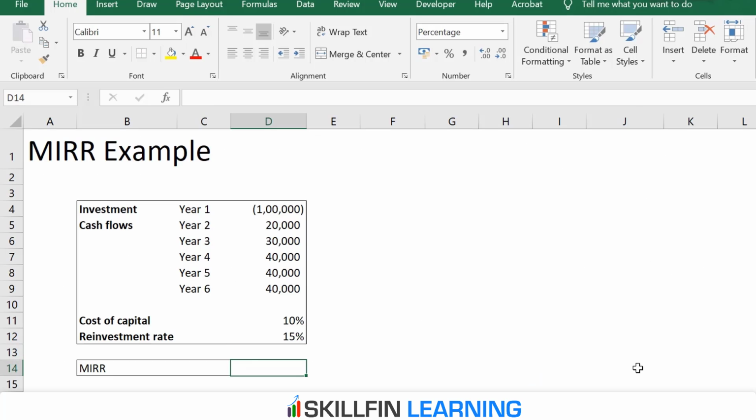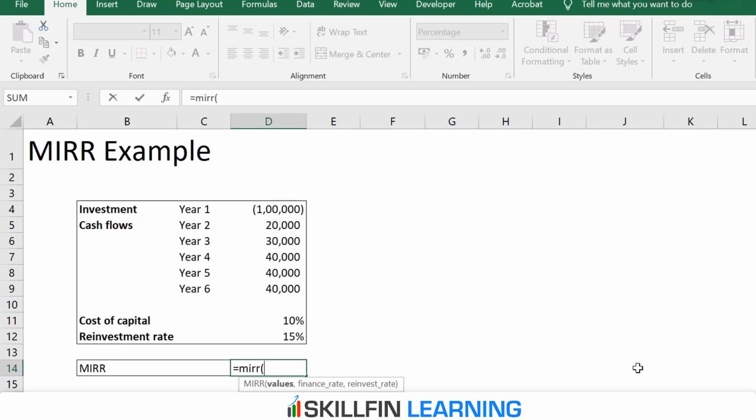To calculate MIRR, type is equal to MIRR, bracket open, values. So select the entire series of values, comma, the finance rate. The finance rate is the cost of capital, and then the reinvestment rate, the rate which you assume to get by reinvesting the cash inflows from the project.